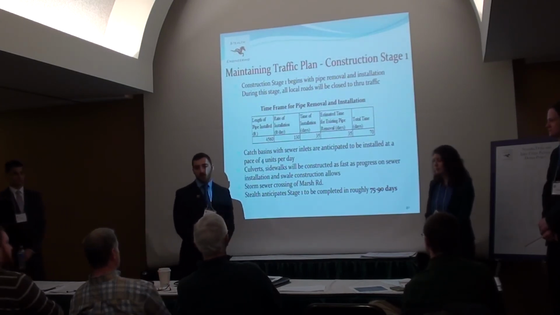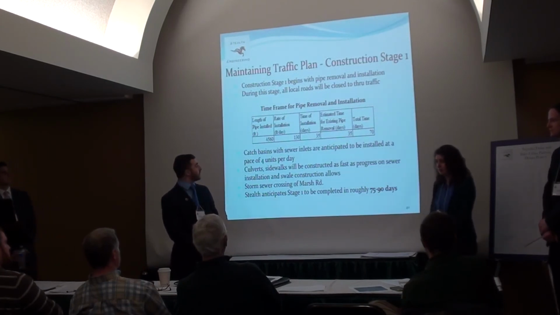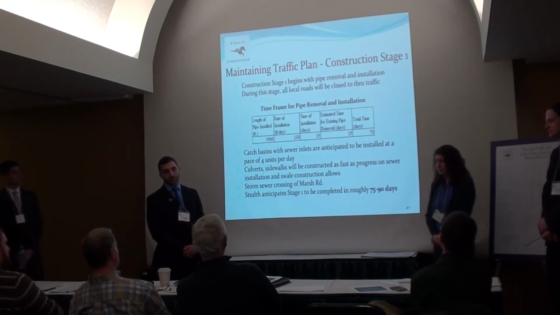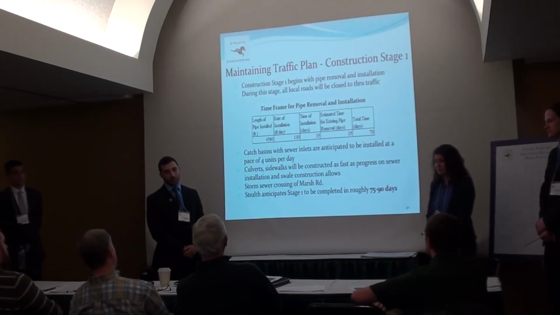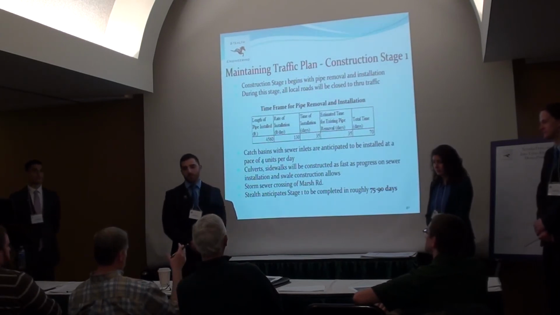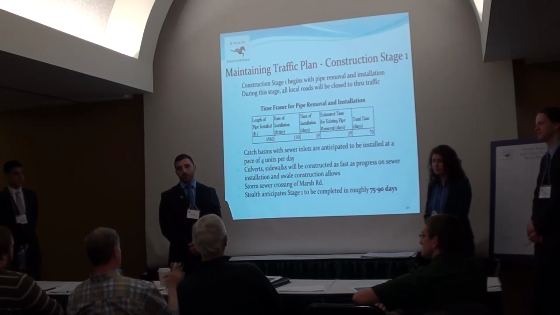Let's stay on this spreadsheet for this moment. You're looking at installing pipe, and you're also looking at removing the pipe. Do you have instances where the pipe that you're removing is in roughly the same location as the pipe you're installing, or is all pipe that's being installed in an entirely different location than the pipe that's being removed?